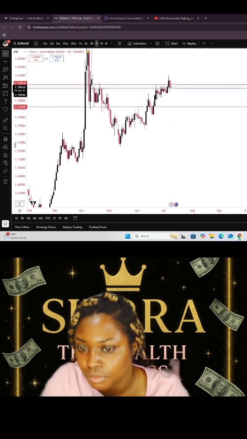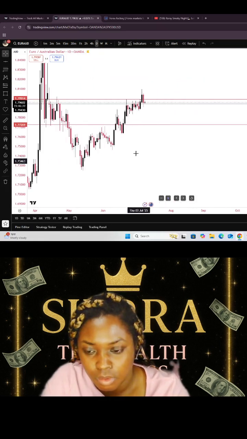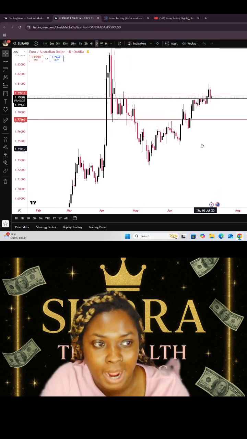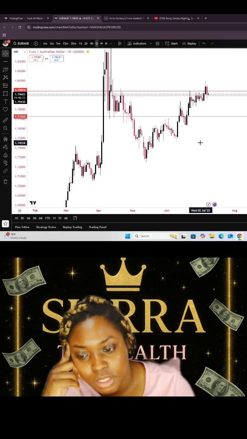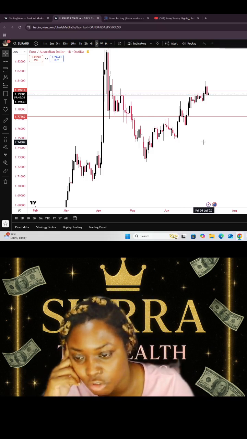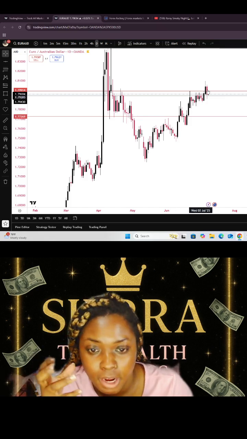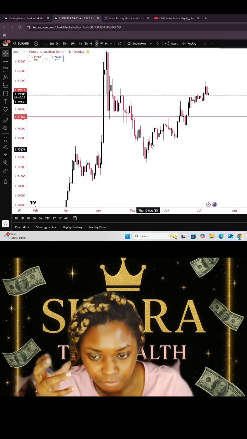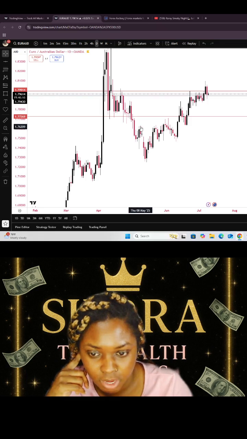Okay. Now, on my daily chart, I see 2 points of rejection to where I can draw a trend line, because it looks like price is trying to form an uptrend here, right? We got higher highs here because it broke this last structure point here.